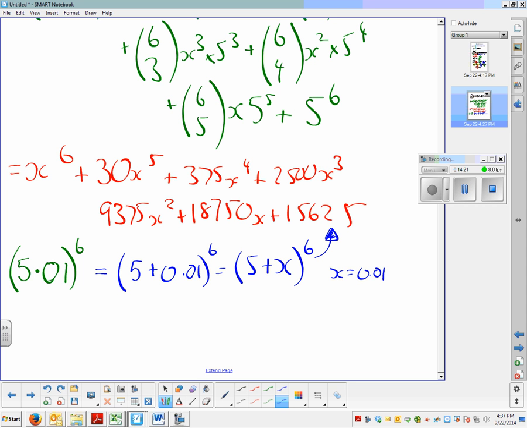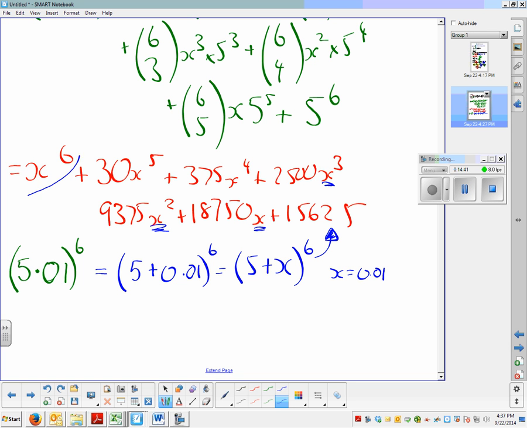Now, the thing about x being really small is, okay, x is really small, but x squared is 100 times smaller than x. And x cubed is 100 times smaller again, which means it's 10,000 times smaller than x.